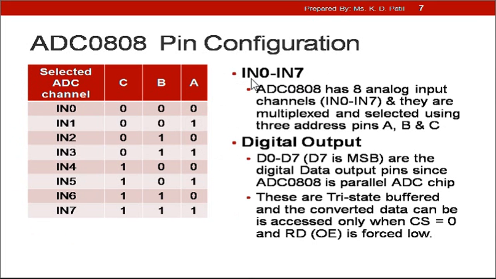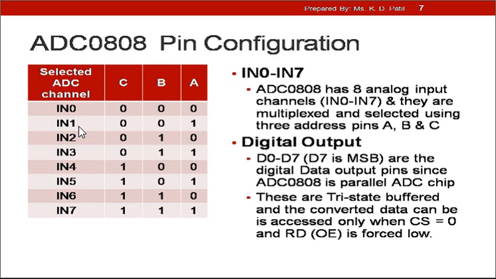The next 8 pins, IN0 to IN7, are the 8 analog input channels available at ADC 0808, and they are multiplexed and selected using the 3 address pins ABC. For example, if the 8051 microcontroller wants to record the analog signals available on input channel 1, it will select the address lines ABC with the value 100 respectively, and accordingly input channel 1 will be selected by the ADC.